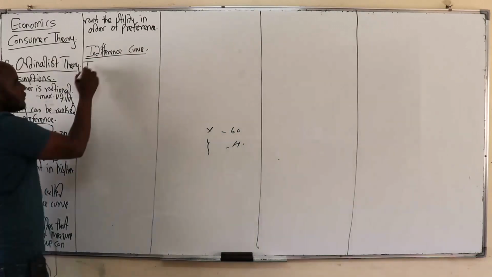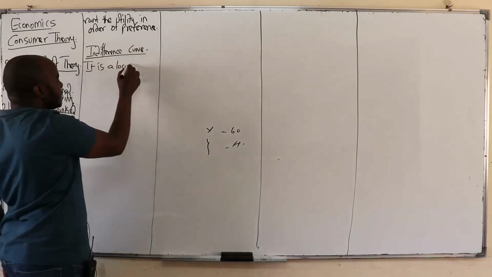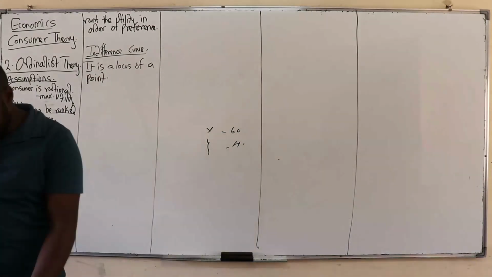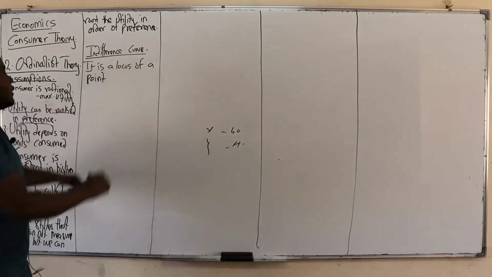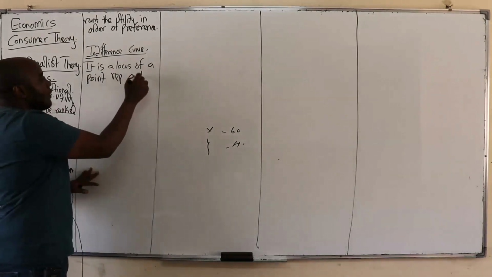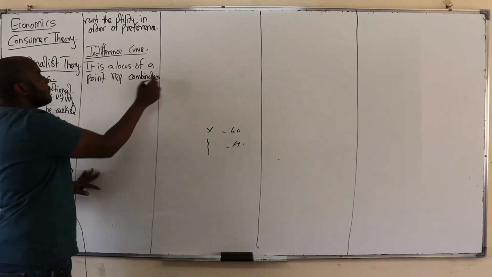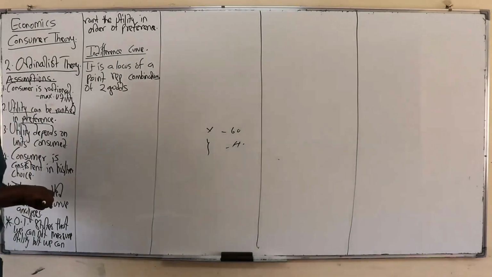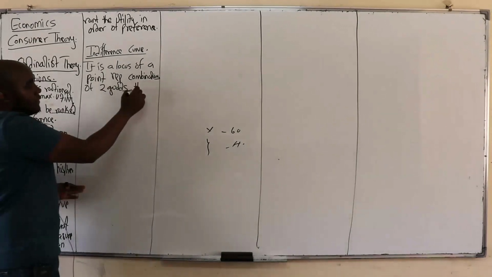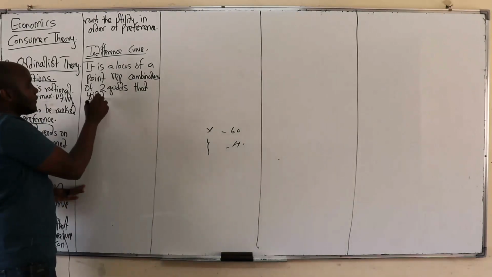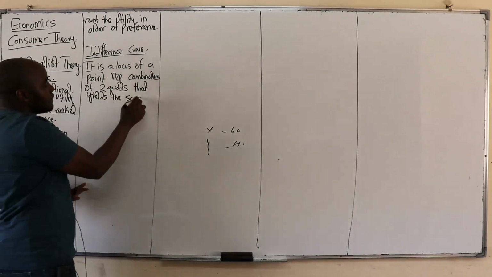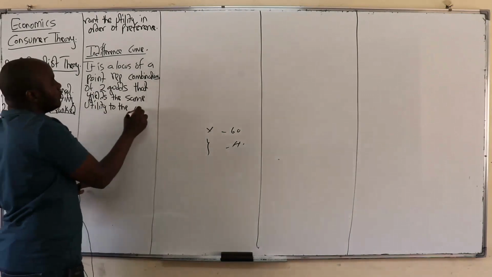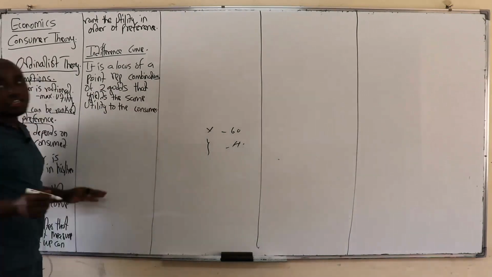This is a locus of points representing combinations of two goods that yield the same utility to the consumer.